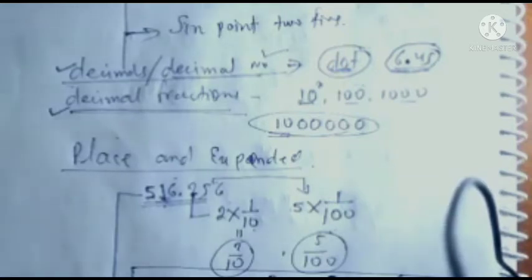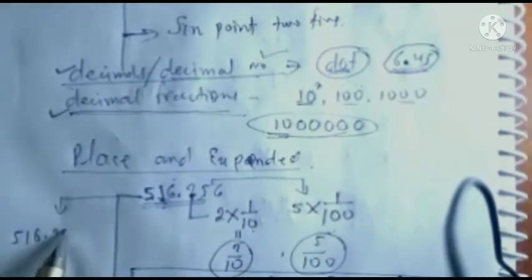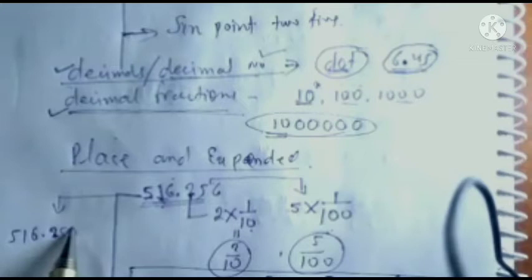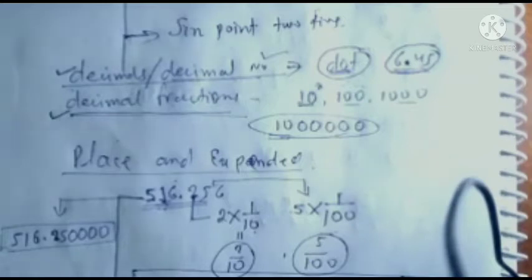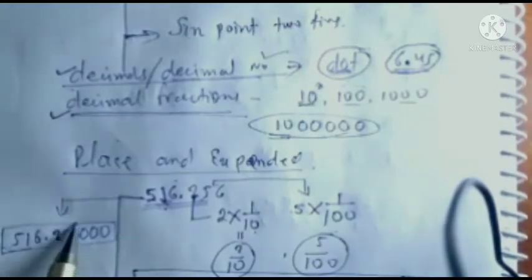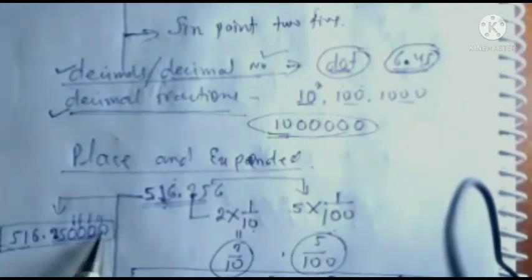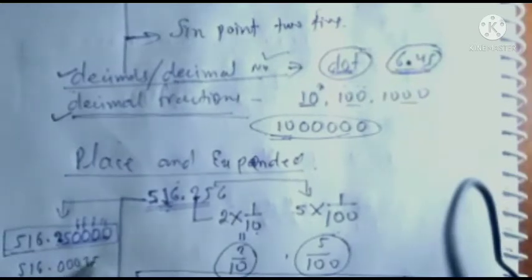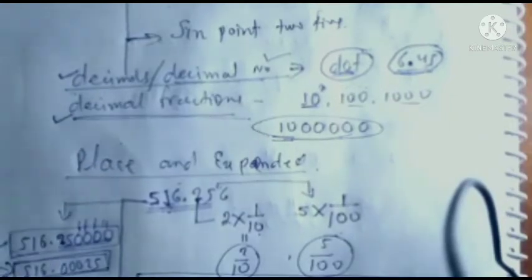Now the other concept. Suppose this is 516.25. If we add 0 on the right side, then the value of this decimal number will not change, because this 0 has no importance. But if we place the 0 on the left side, 0 0 0 2 5, then there is a great change in these two numbers.